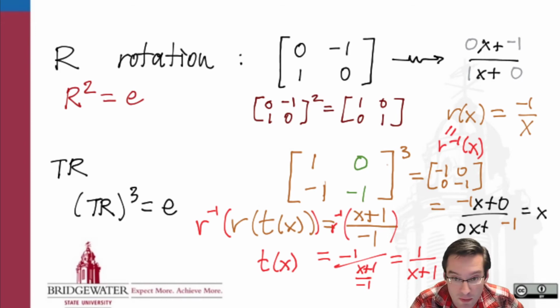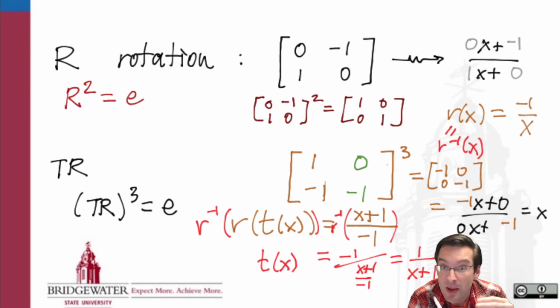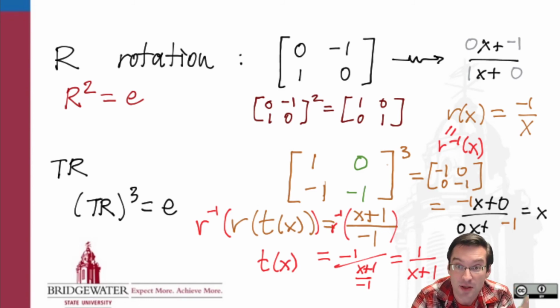So ultimately, where we want to be, right, is we want to have some function which represents our twist, some function which represents the rotation. The twist has infinite order, the rotation has order 2, and their composition, tr, which is r followed by t, right? It'd be t followed by r, that composition has order 3.